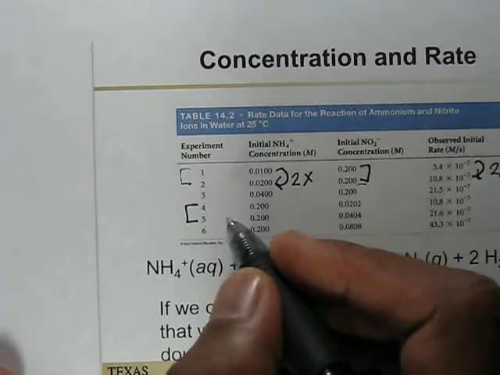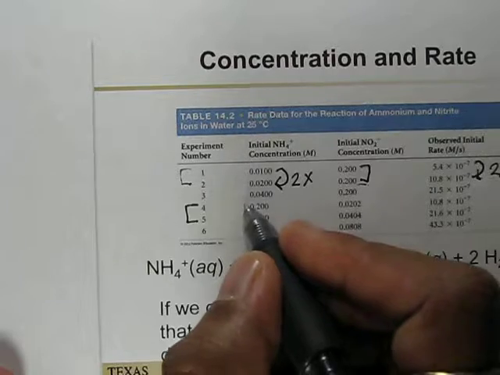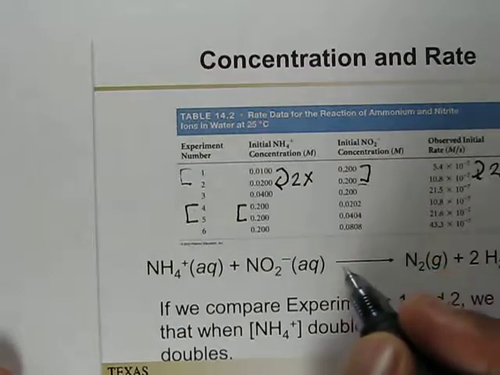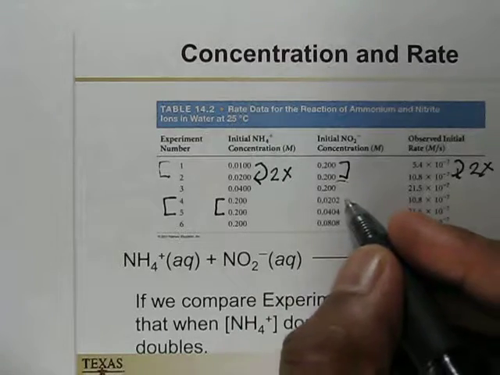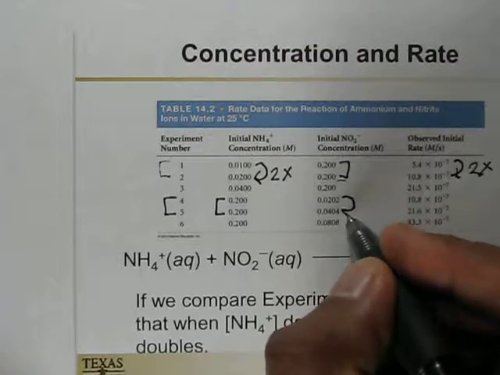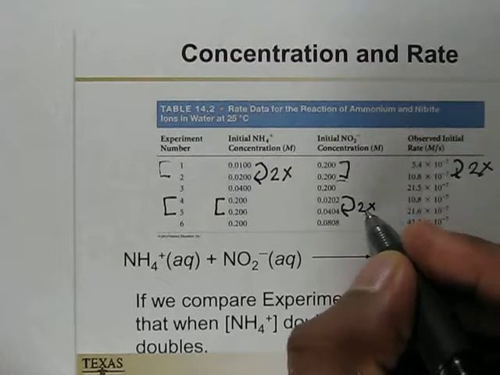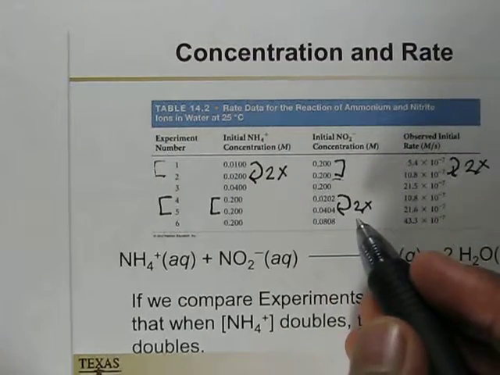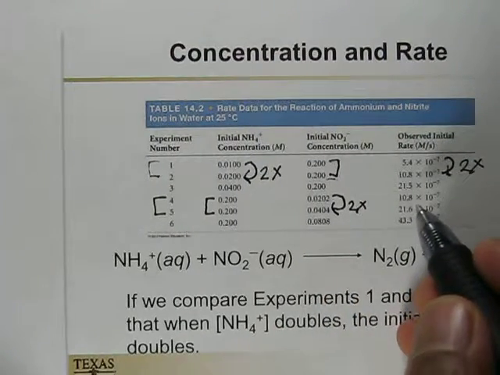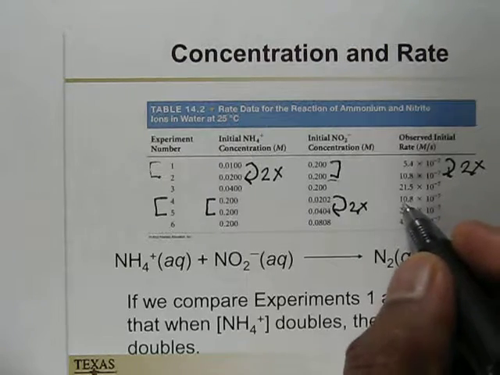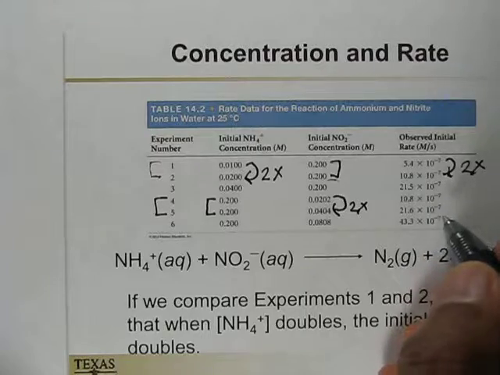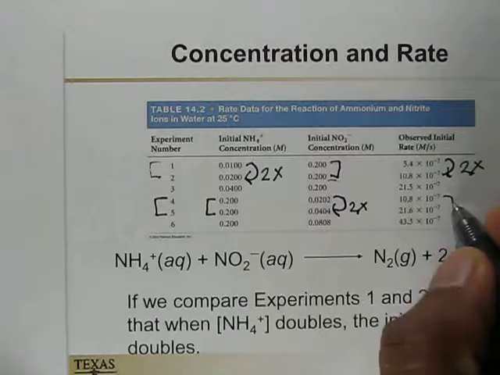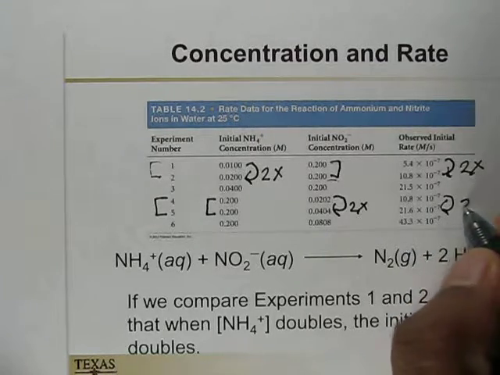In case of 4 and 5, the ammonium ion concentration is constant, but the nitrate ion concentration is just double. If the nitrate ion concentration is double, you can notice the rate of the reaction goes from 10.8 times 10 raised to minus 7 to 21.6 times 10 raised to minus 7. So this also increases double, 2 times.